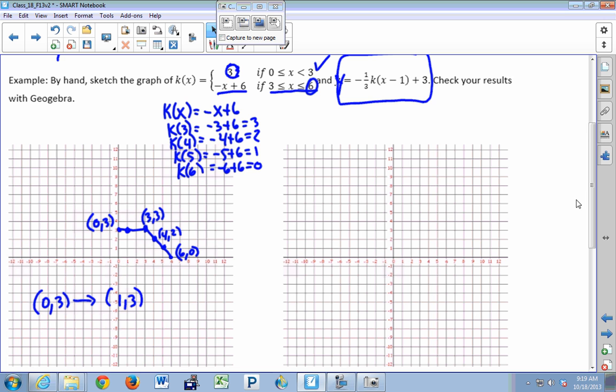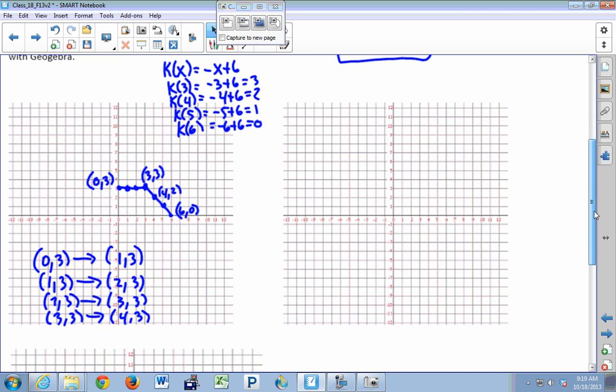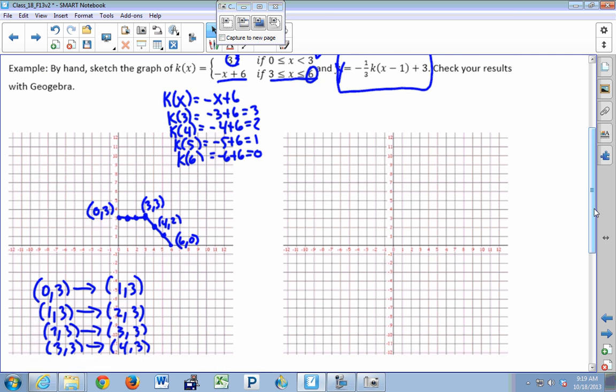What else you got there? You got 1, 3. That will become 2, 3. You got the point 2, 3. That's going to become 3, 3. You got the point 3, 3 hanging out there. That's going to transform to become 4, 3. Okay, and so on down the line. Every single point has 1 added to the x value.